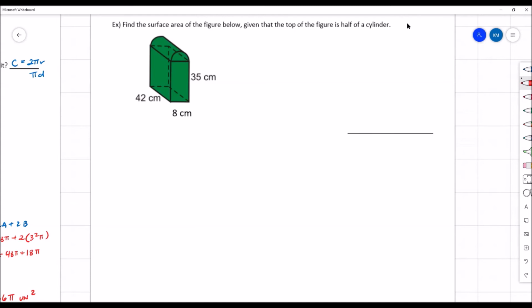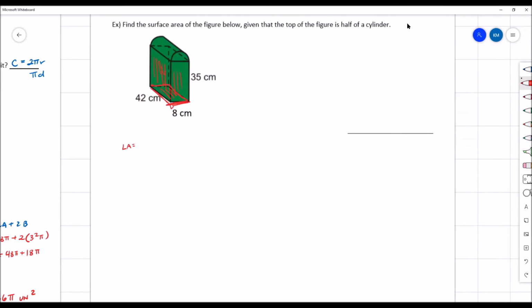So I'm looking at this prism first. I'm going to break it down and say, I have a prism. I'm terrible at drawing prisms if you've stuck with me any time so far, but I'm just going to try here. I have a prism with all these sides, but only one base is on the surface, because the half cylinder covers up that other base. So I need to find the lateral area for the prism, which is the perimeter of the base times the height.